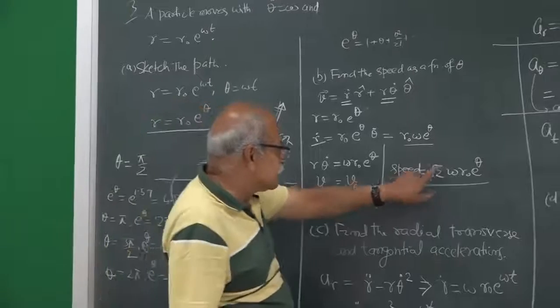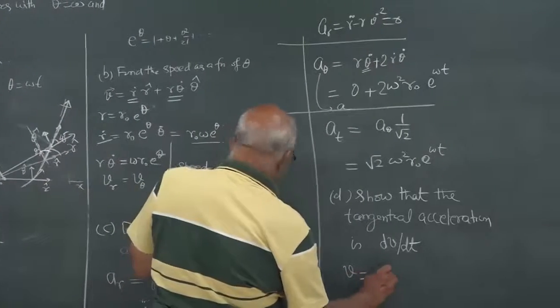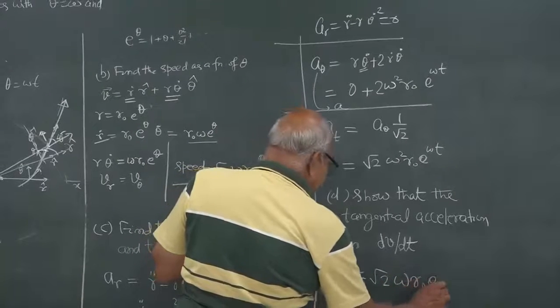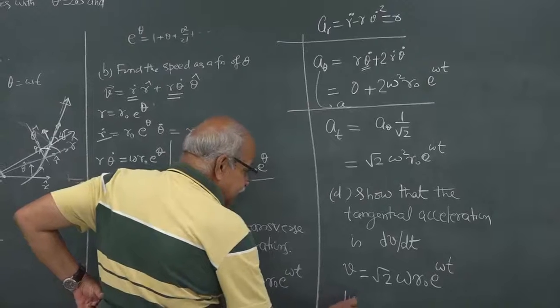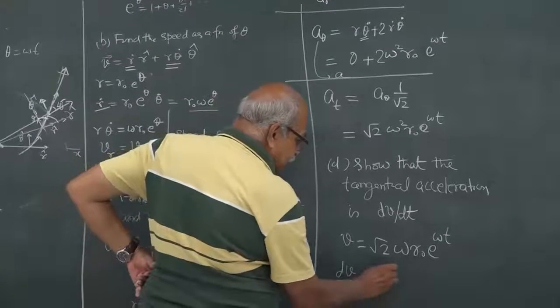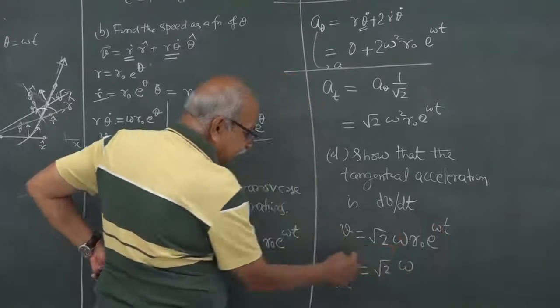Here is the speed. So, v is equal to square root of 2 omega r naught e to the power theta, which is omega t. So, dv dt is the rate of change of speed: square root 2 here, omega here, and 1 omega will come from the differentiation.